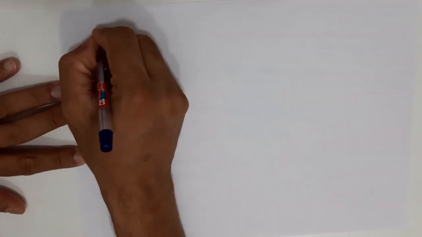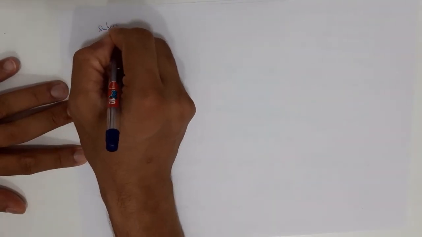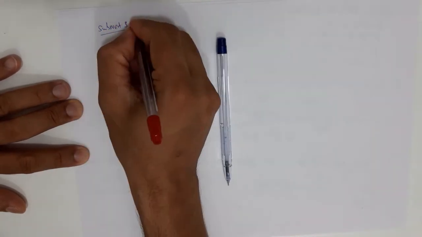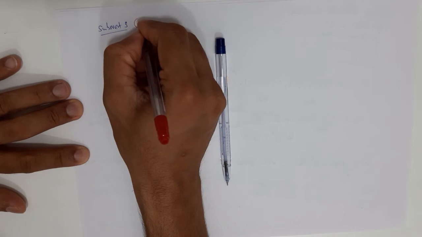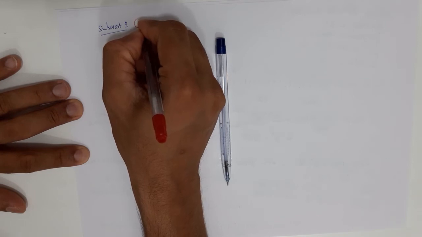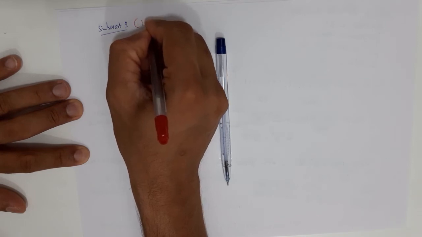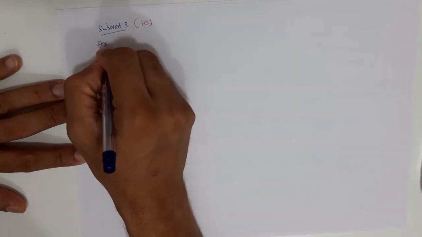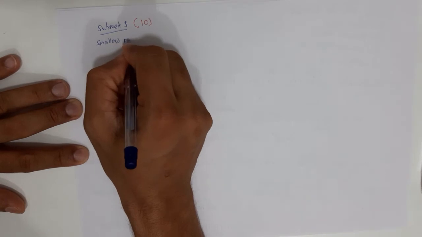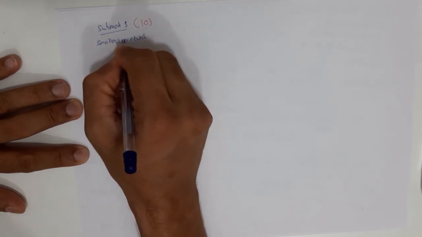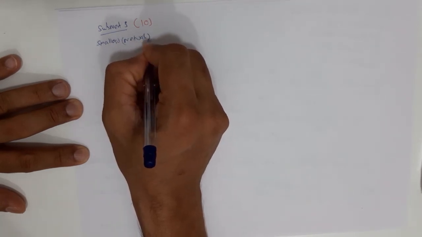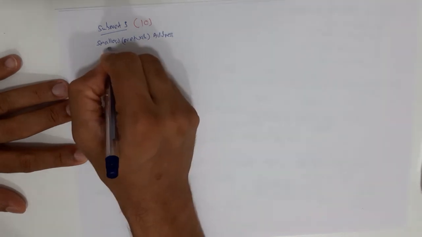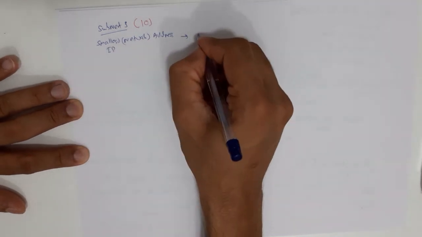So in subnet 3, I'll make the subnet bits into 1 and 0. Earlier we had 0, 1. If so, the smallest IP or the network address.